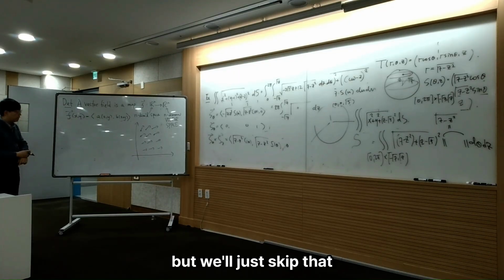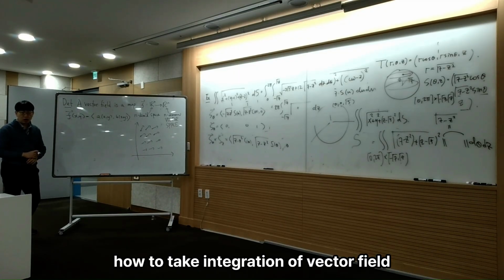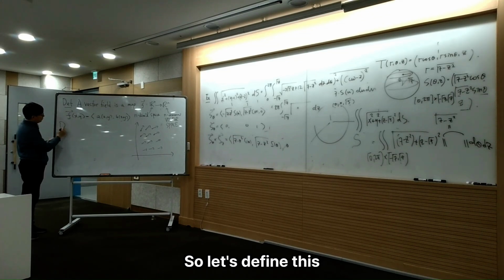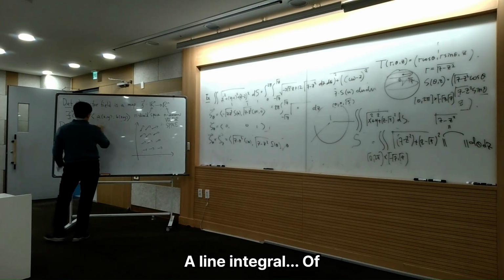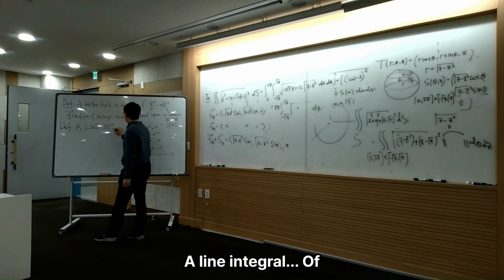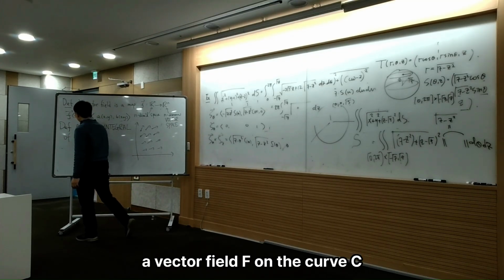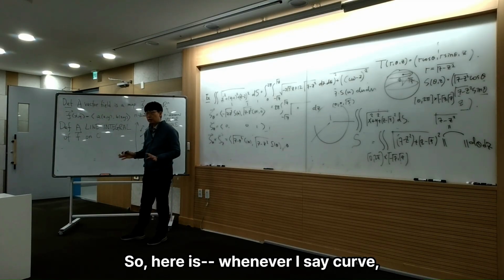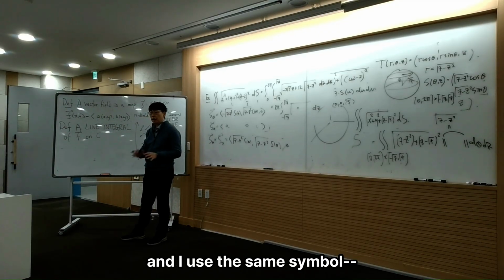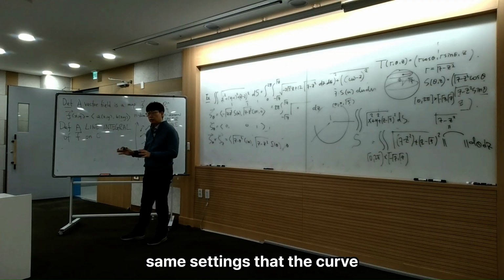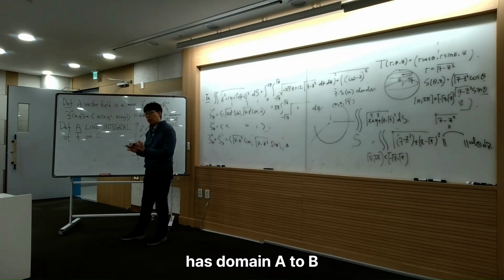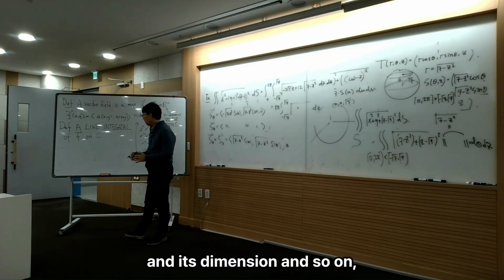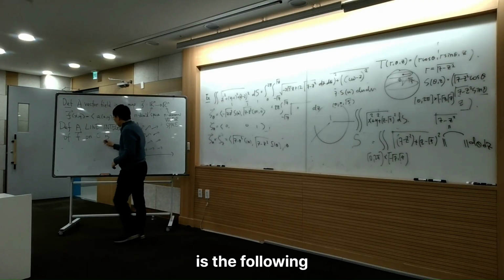So there are many adjectives, but we'll just skip that. We want to talk about how to take integration of vector field. So let's define this. A line integral of a vector field f on a curve C. So here, whenever I say curve, it's a parametric curve. And I use the same settings that the curve has domain a to b and its dimension and so on, is the following.